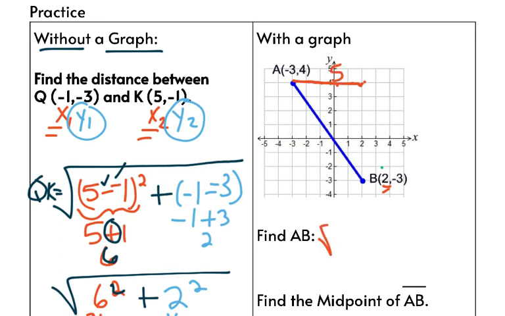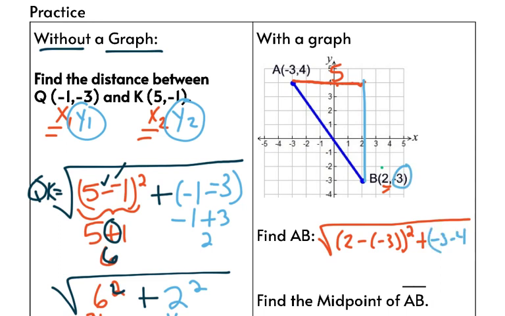So the distance formula would be 2 first x, second x, minus a negative 3, and I need to square it, plus. Now we grab those y coordinates, which will tell you how far this is, which would be negative 3 minus 4, and we need to square it.